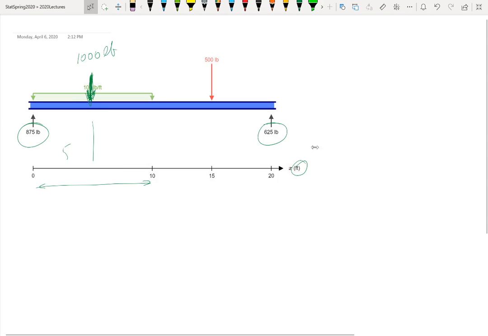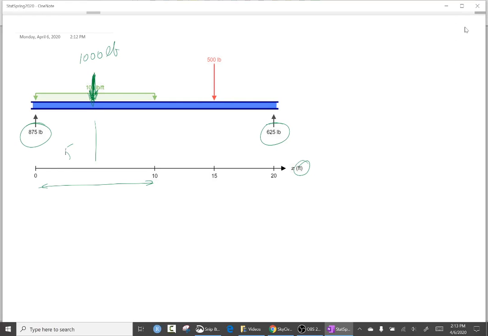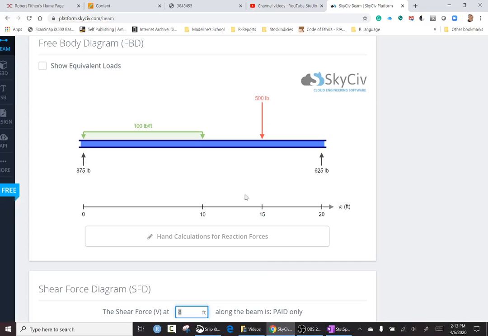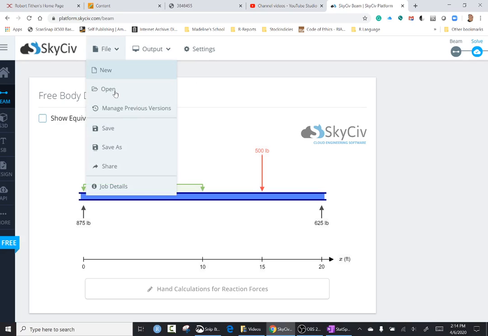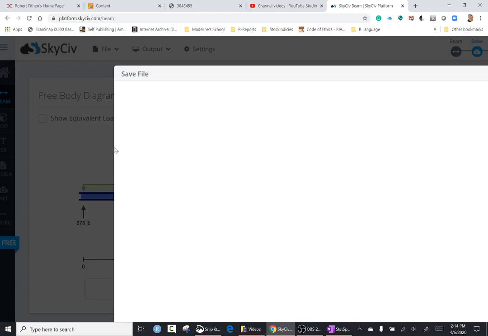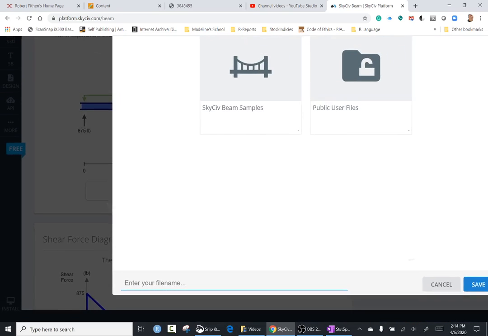I don't want to lose my work here, unless I can save it. Let's see if I can. File, Save as.